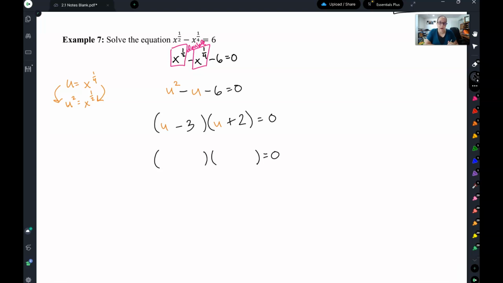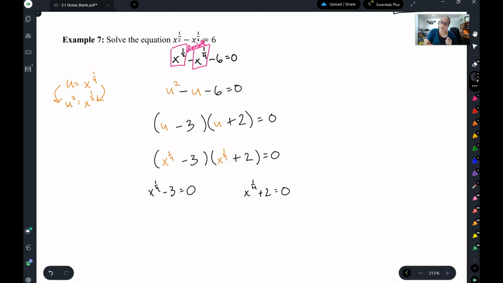They helped me factor it. That means they're done. So now I can change the u's back to an x to the 1/4. And now, same as last time, now that it's all factored, I have everything plugged back in. Set them both equal to 0.